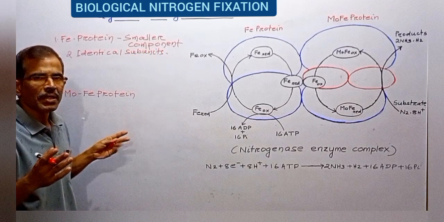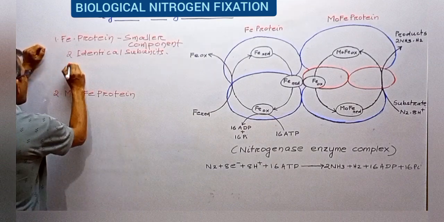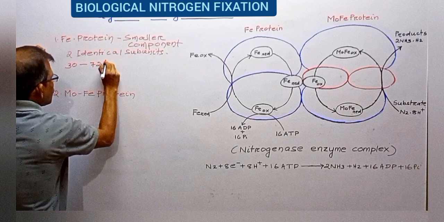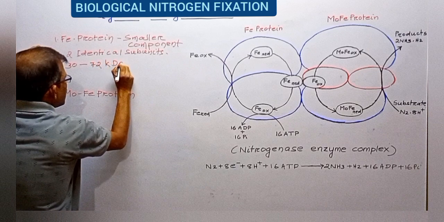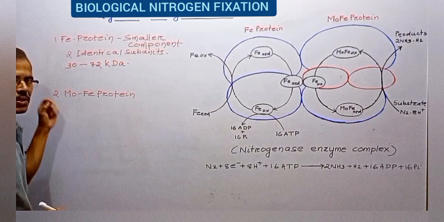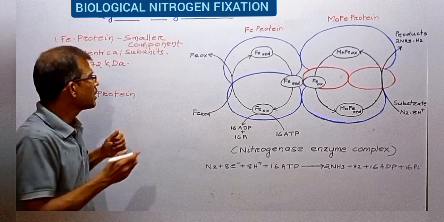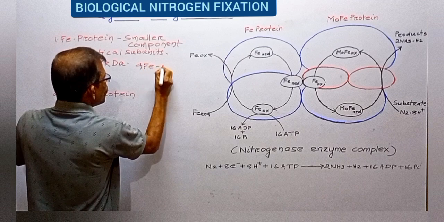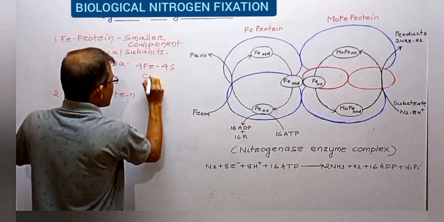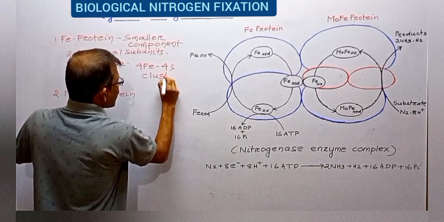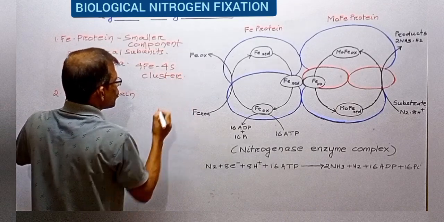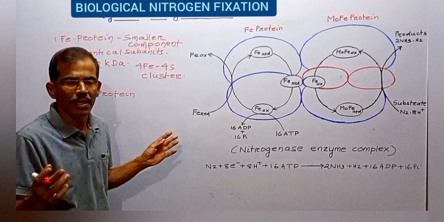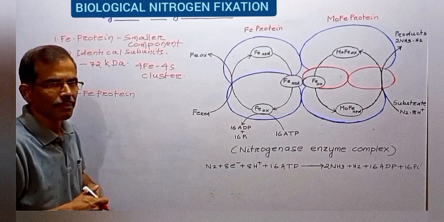Each subunit has a mass that varies from 30 to 72 kilodalton depending upon the bacterial species. Each subunit contains an iron sulfur cluster which participates in the redox reaction that converts nitrogen into ammonia. The Fe protein is irreversibly inactivated by molecular oxygen.